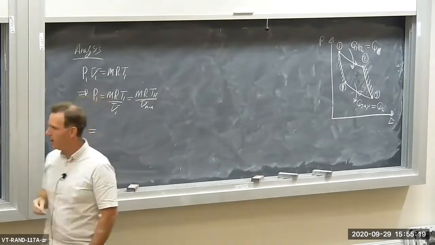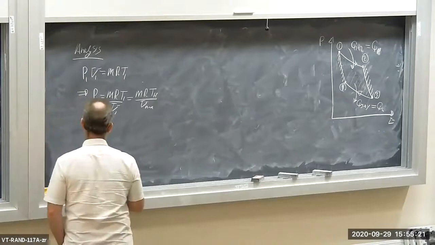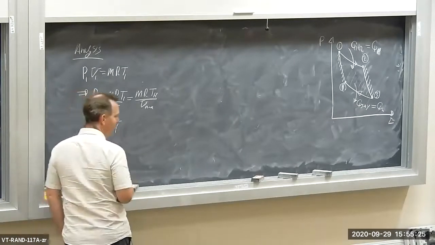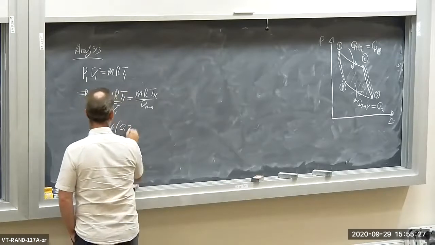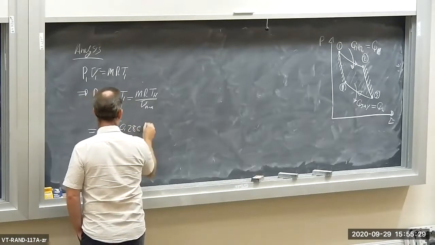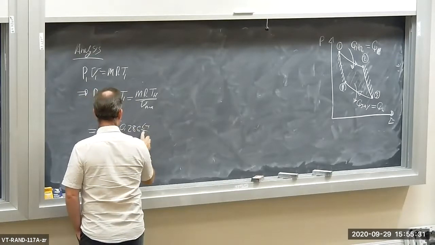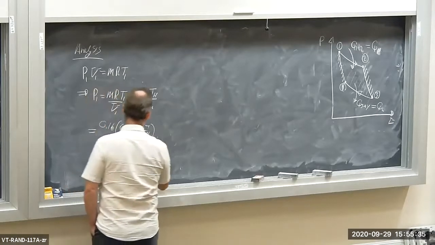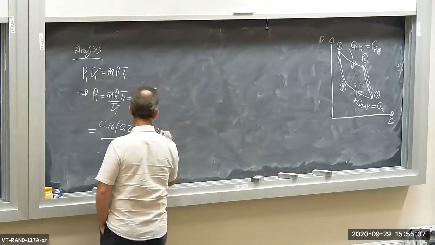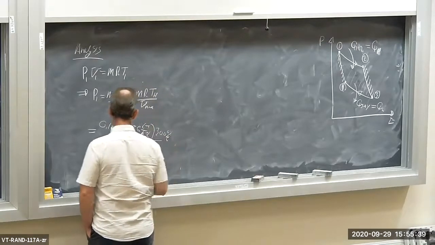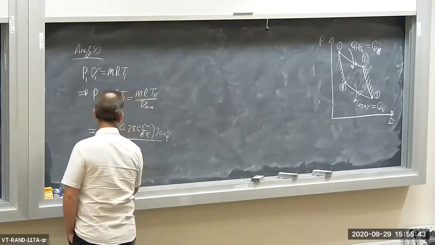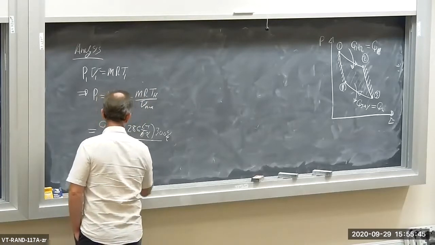Well, I know the mass, 0.1 kilograms. The gas constant for air is 0.286 kilojoule per kilogram Kelvin. T high is 300 degrees Kelvin, and the minimum volume is 0.01 cubic meters.